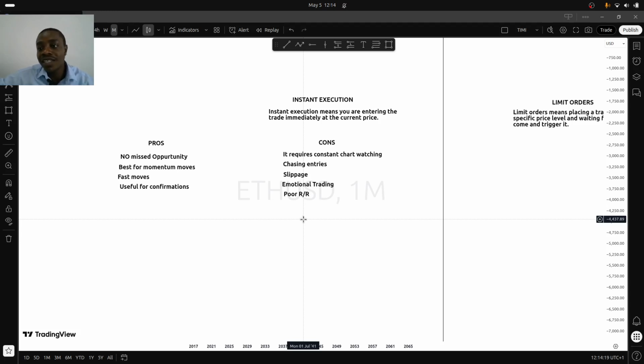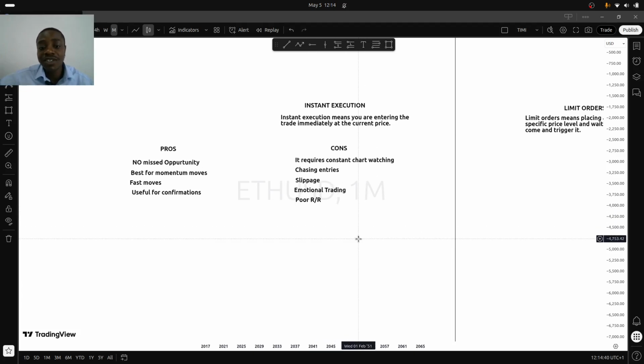The trade was basically not planned. So you jump in, and you don't even understand where your take profit should be. At that point your brain is just looking for validation, looking to be active, looking to do something, which doesn't always end well at the end of the day. So those are some of the cons.